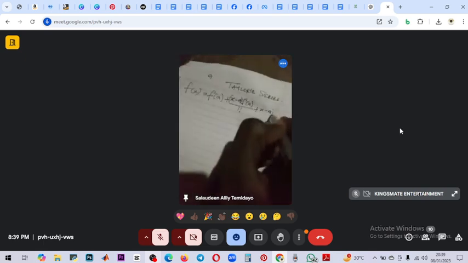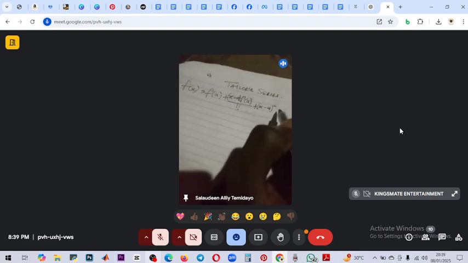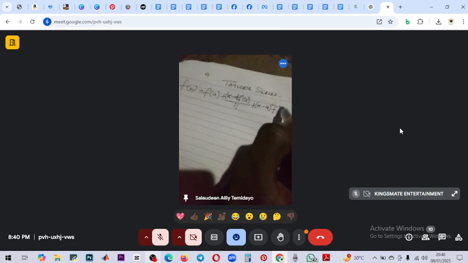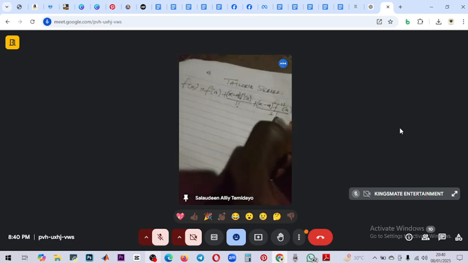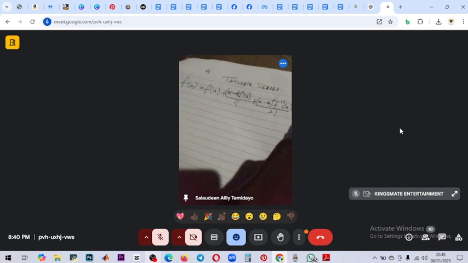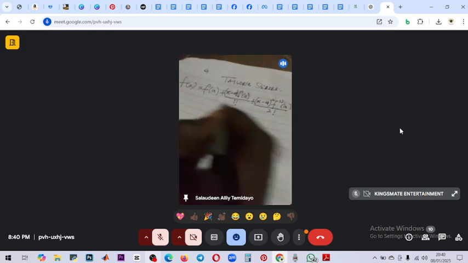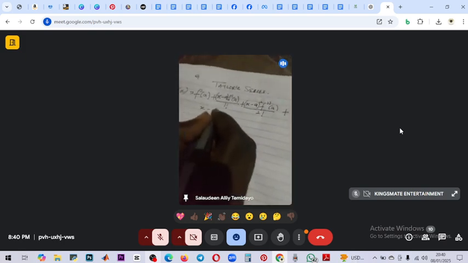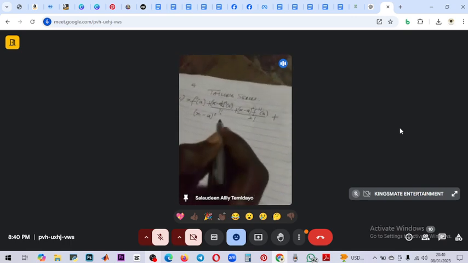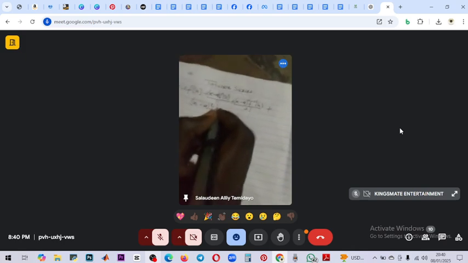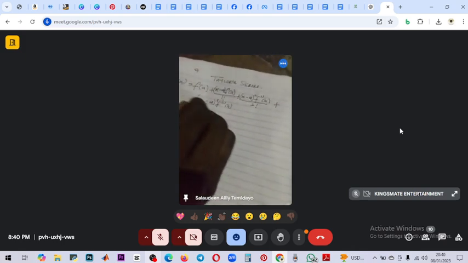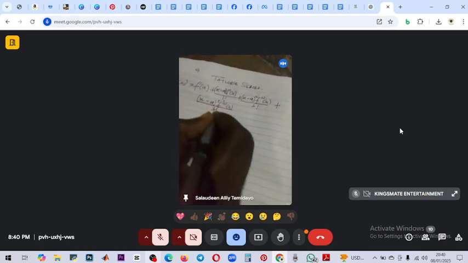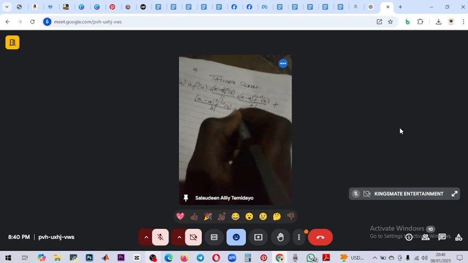Plus x minus A squared, f double prime of A, that is the second derivative at A, over 2 factorial, plus x minus A to the third power, f triple prime of A, all over 3 factorial.